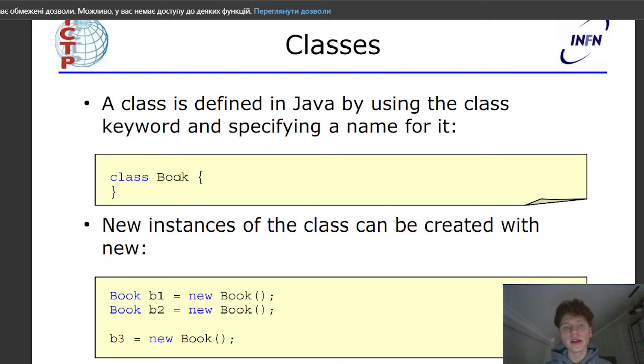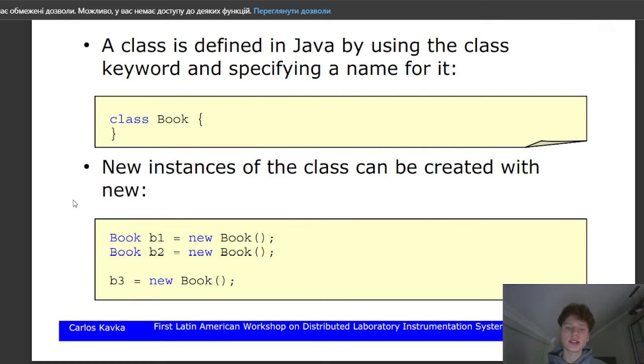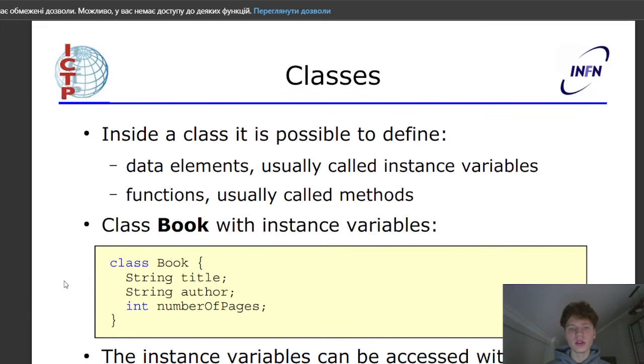Classes. A class is defined in Java by using the class keyword and specifying a name for it. New instances of the class can be created with new. It is possible to define classes inside a class.